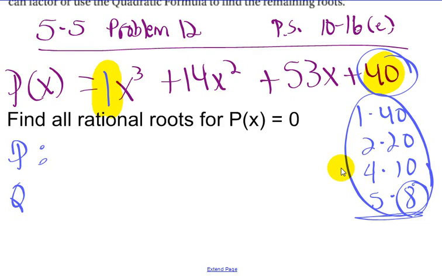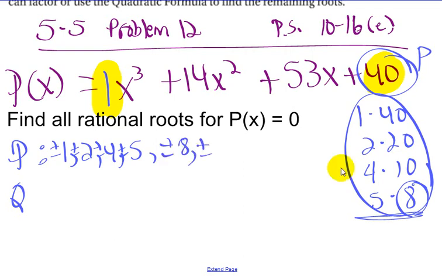So the factors of 40 for our p are going to be 1, 2, 4, 5. Oh, by the way, positive, negative on all these. Positive, negative 8, positive, negative 10, positive, negative 20, and positive, negative 40.